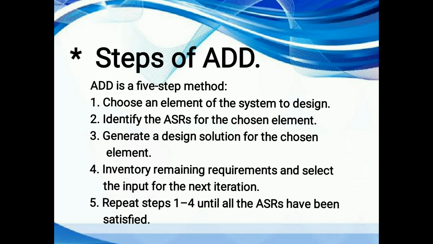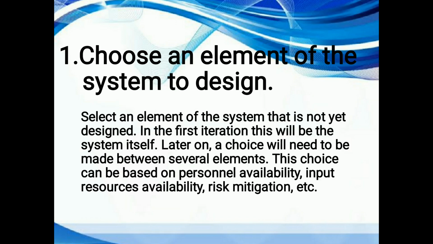Let's start with the first step, that is choose an element of the system to design. Here, choose an element means we have to choose the element for the designing system.